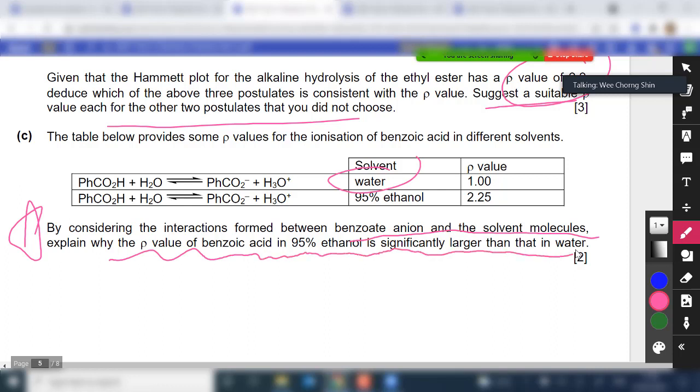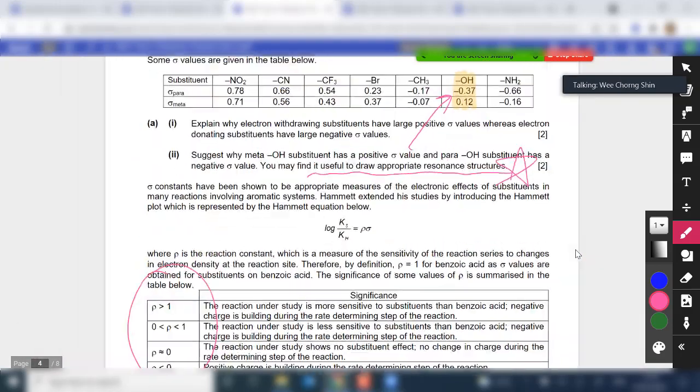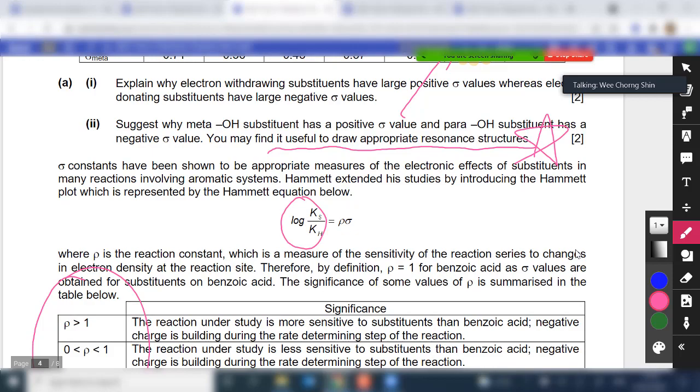Larger means more sensitive to substituent effect. Very important, you need to recognize it. What's the meaning of more sensitive to substituent effect? It means if I change it to a donating or withdrawing group, it will swing the rho gradient. It will swing this gradient if I plot this against this.